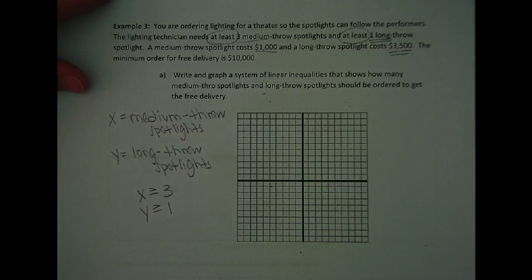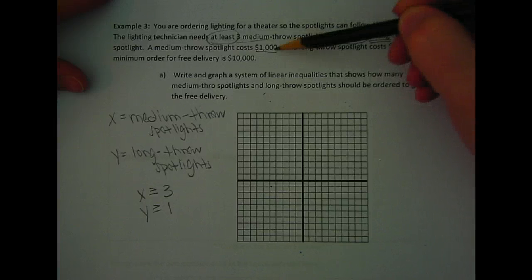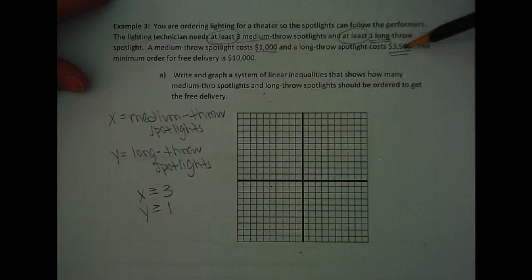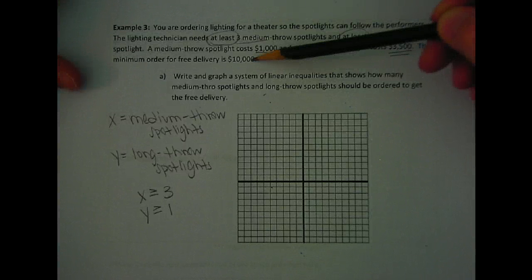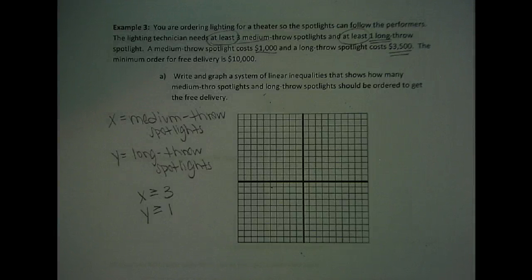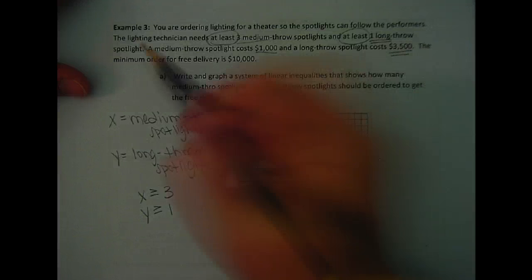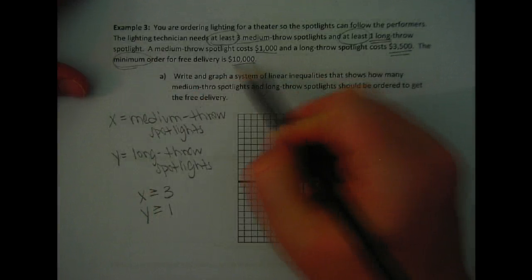The next thing that we have to make an inequality for is the cost. We know a medium throw is $1,000 and a long throw is $3,500. And in order to get this special delivery, our medium plus long has to be a minimum of 10,000.